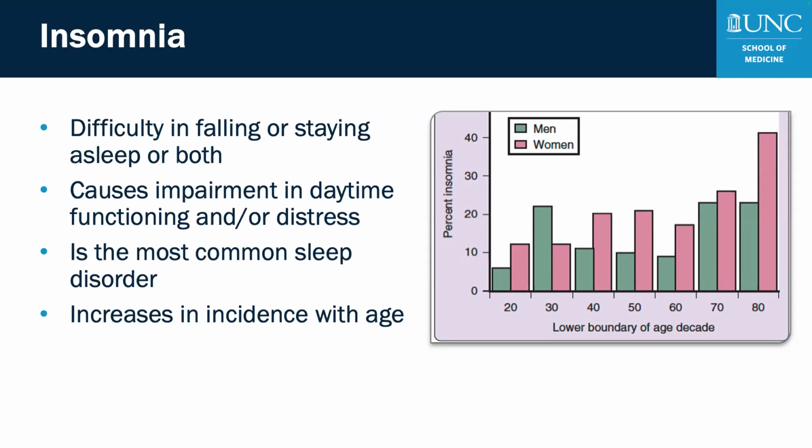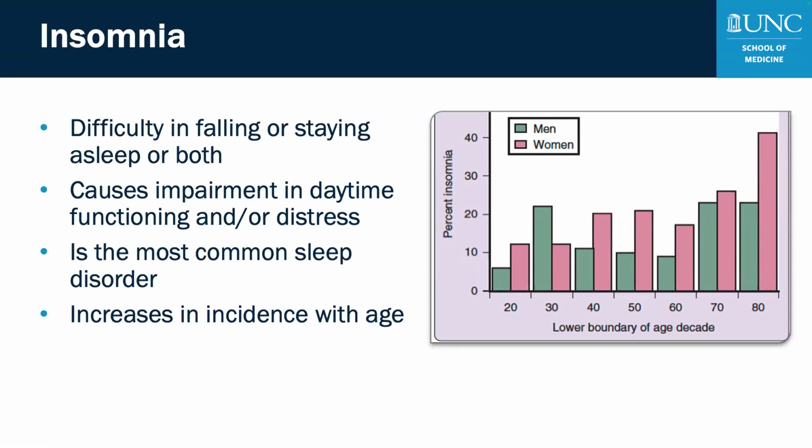But it's only considered a problem if it happens on average 3 nights a week, and then causes impairment in daytime functioning or just causes you distress. You might say, I function pretty well, but it bothers me. I do not like the struggle with sleep every night.